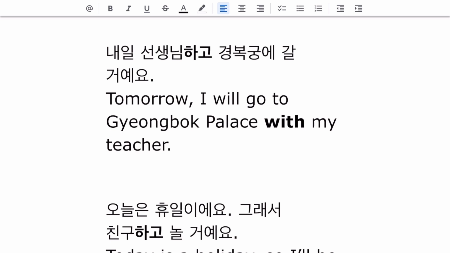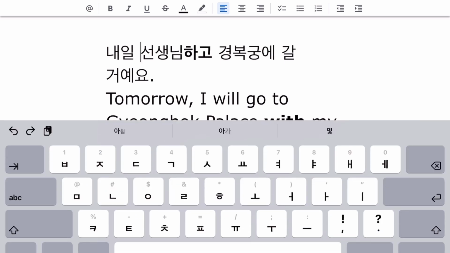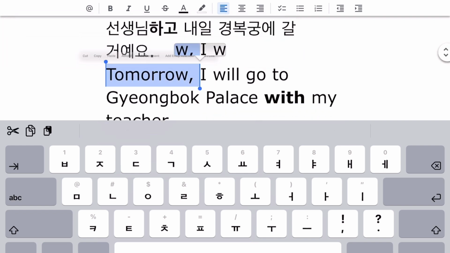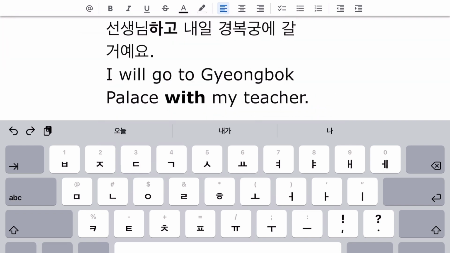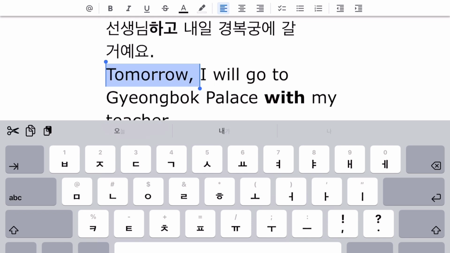In this sentence, it actually doesn't follow our typical sentence structure, because it has 내일 선생님하고 경복궁에 갈 거예요. In our regular sentence structure, we would put 내일 after this, imagine that's not there. In English, it would be, I will go to Gyeongbok Palace tomorrow with my teacher. But this one starts with tomorrow, so we did the same in Korean.